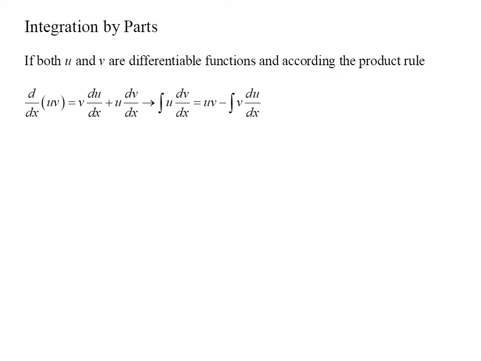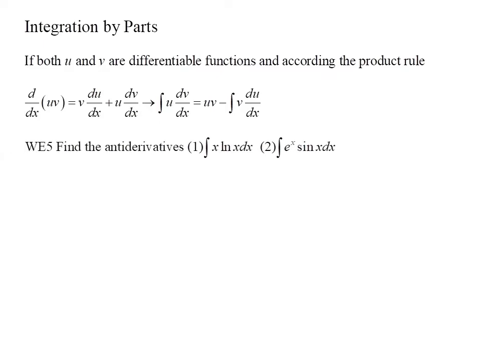Then we do the reverse operation, anti-differentiation, on both sides of the equation, and we have the integral of u dv by dx equals the product of u and v minus the integral of v du by dx. Now let's look at some examples of how we use this integration by parts technique to find antiderivatives.